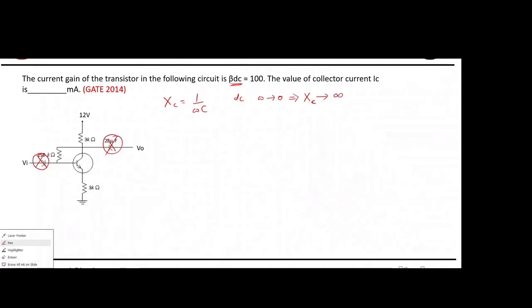Now, what is the question asking? The question is asking, find the value of the collector current. This is what you want to find out. So, can we use this loop? Yes.